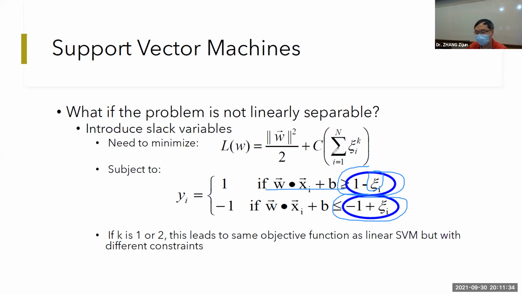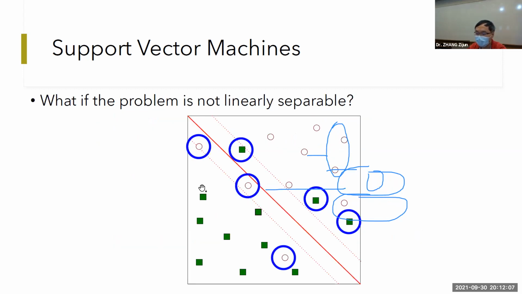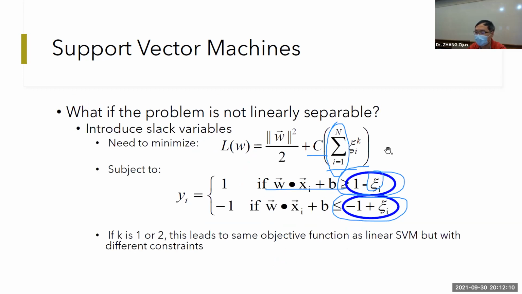So in this problem, we do a minimization, but plus a penalty. This penalty is a summation of those slack variables multiplied by a parameter C. And you can see that this slackness is applied to n data points. For some data points, because they have been naturally separated, the slack variable will not have a value.